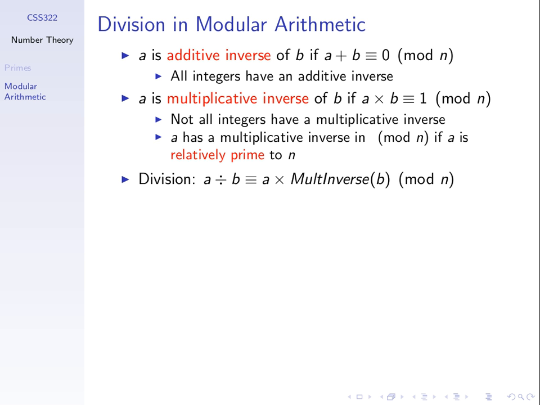So that's division. 6 is the answer. So now the next step is, what is the multiplicative inverse of 3? It's the number that when we times it with 3, the answer is 1 in mod 8.